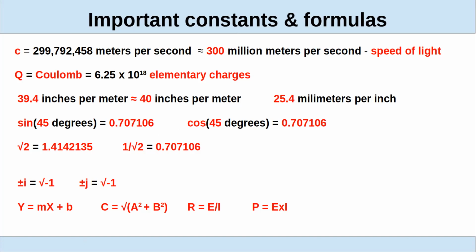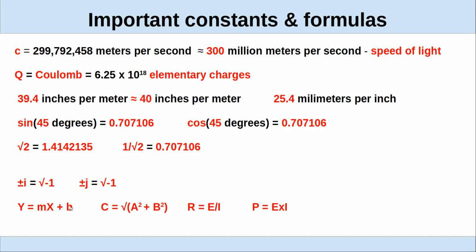A formula that comes in handy, which I actually use a lot, is y = mx + b, which is the formula for a straight line, the first order. So m is the slope of the line. b is the y-intercept of the line, in other words, where it crosses the y-axis.